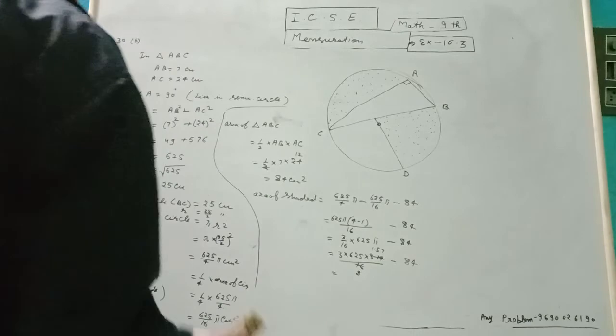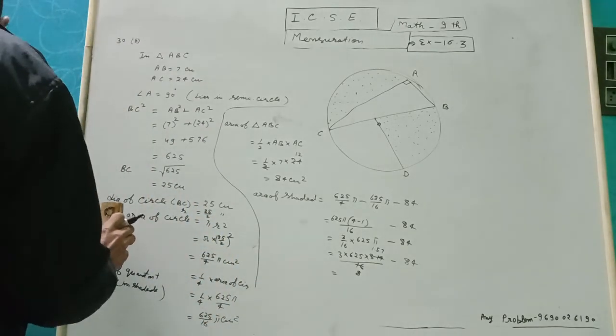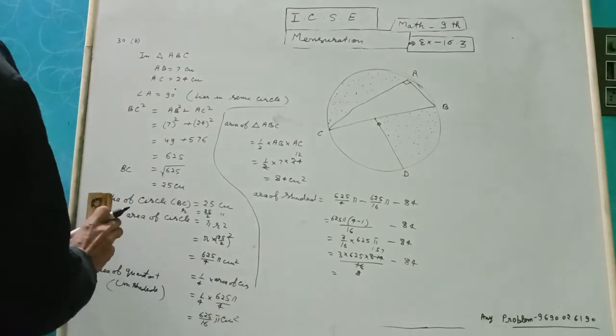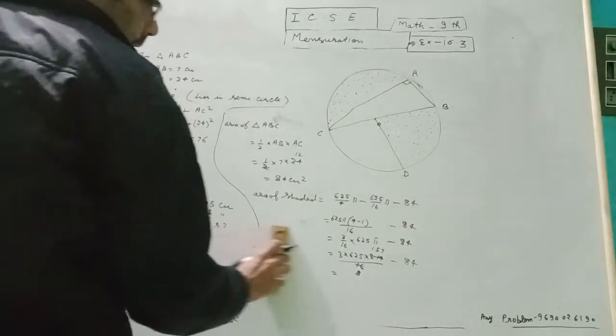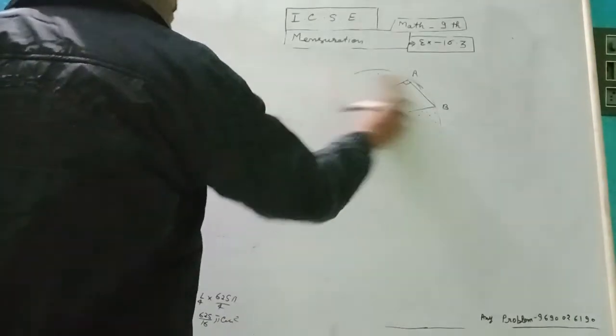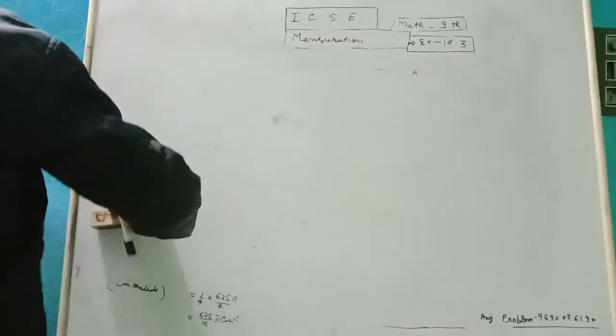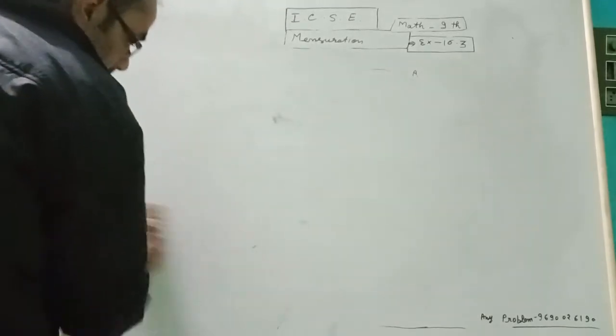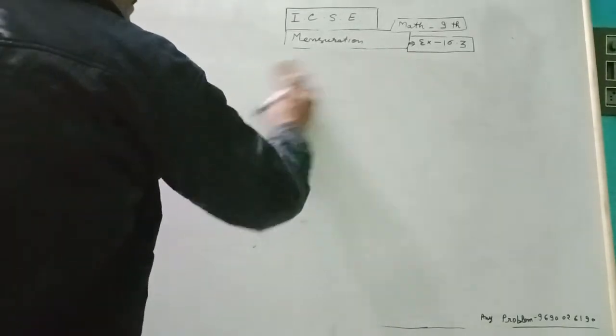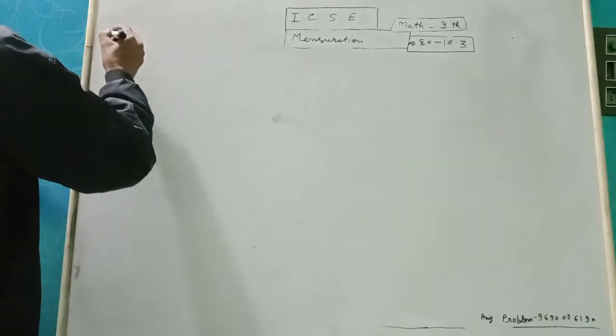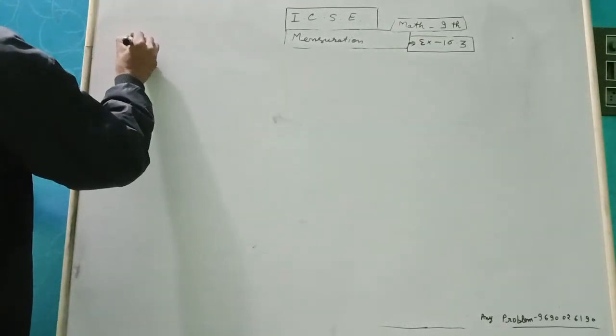Question number 31. 31 question is A part.